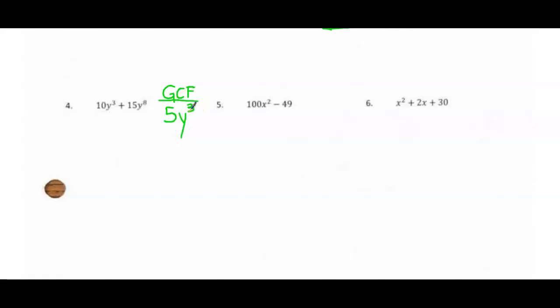So you must factor out 5y to the third. You should have a binomial. 10 divided by 5 is 2. Y cubed divided by y cubed cancels out, so there are no y's. Plus 15 divided by 5 is 3. Y to the 8th divided by y to the 3rd is y to the 5th.